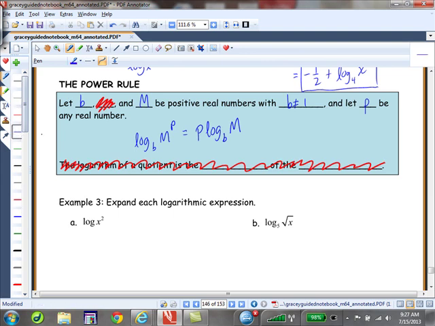So in words, what we'll have is the logarithm of a number with an exponent is the product of the exponent and the logarithm of that number.